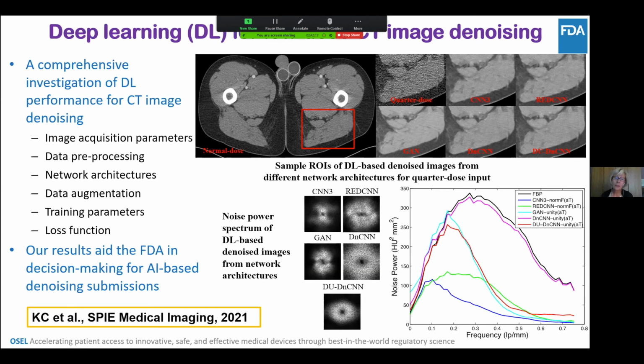And the conclusion that was drawn is that those that make significant changes to the noise power spectra are ones which the network architectures are going to be more sensitive to, which makes sense from an image denoising perspective, but now we have some data to back that up.